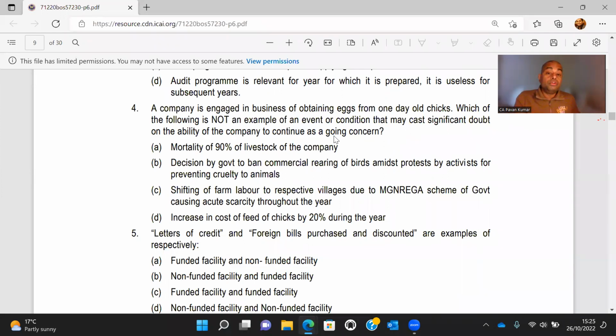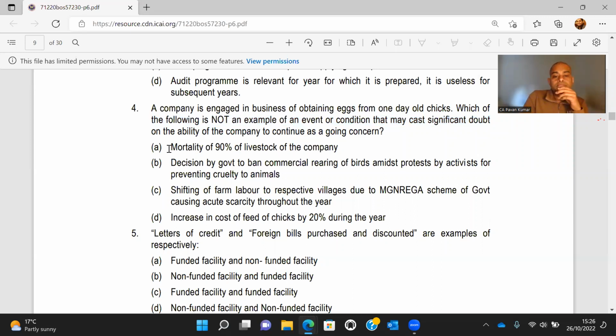Okay. So now you are looking at certain events or conditions that cast significant doubt on the ability of the entity to be a going concern. What are the events that are casting a significant doubt in your mind? They are giving you A, B, C, D. 4 situations they are giving you.